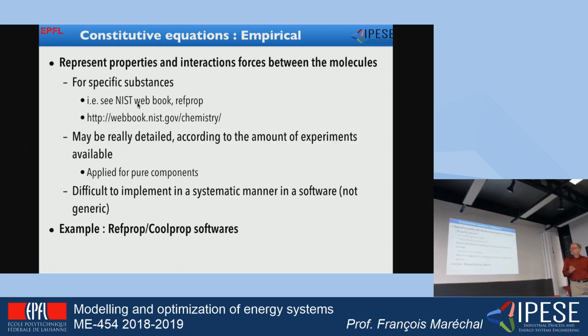So if you go to webbook.nist.gov/chemistry, you will be able to choose a given compound, and they will give you the properties that are known for this compound. So this is a reference. If you have to make a quick calculation, go there, and you will have the information, right? So this is one possibility.